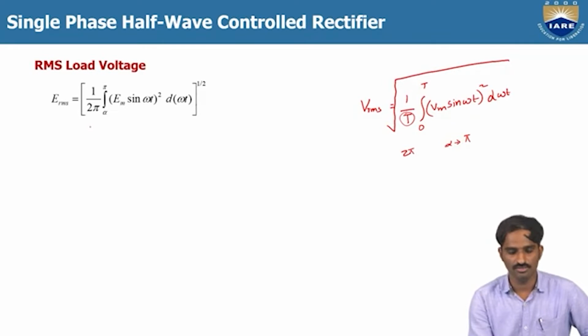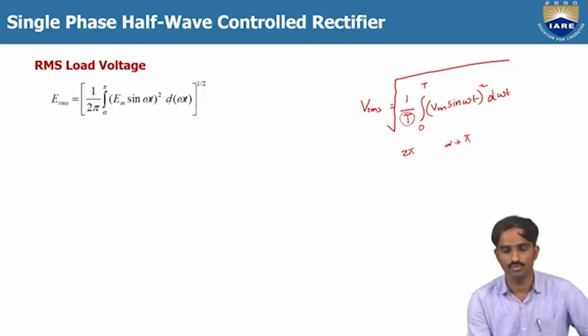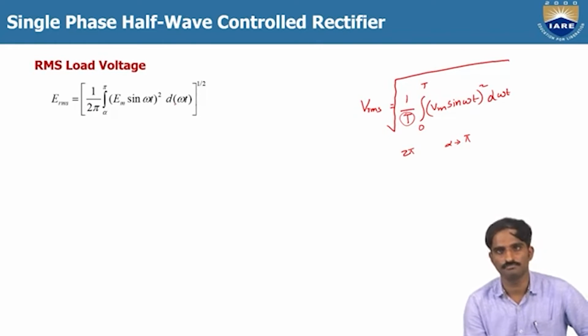The same things I have substituted: 1 by 2 pi in the place of T, and the limits of the integral alpha to pi, then Em sine omega T whole square into d omega T. Then you can simplify this equation and we will get the RMS load voltage.